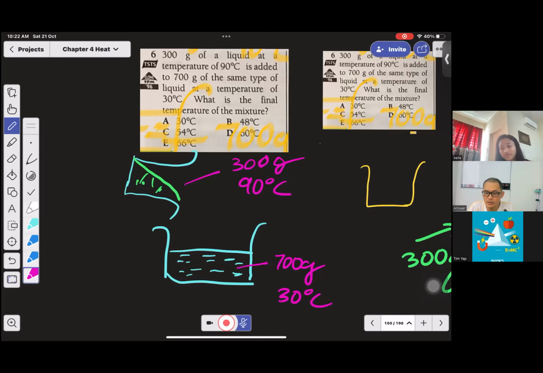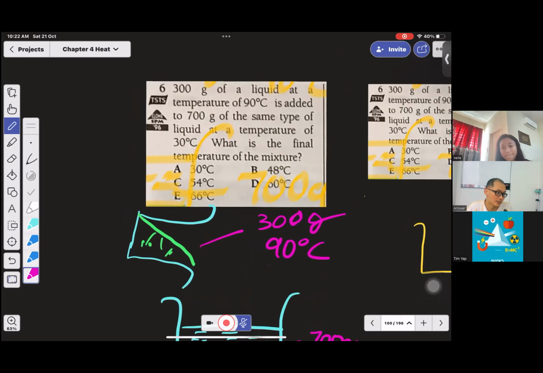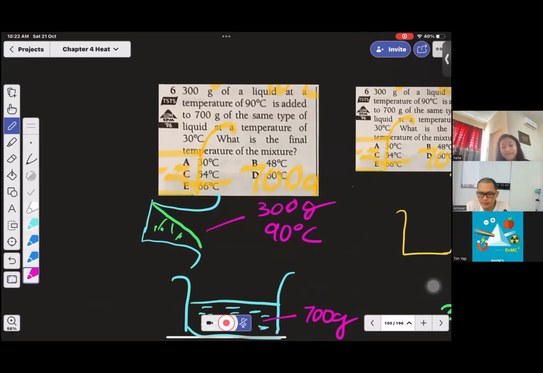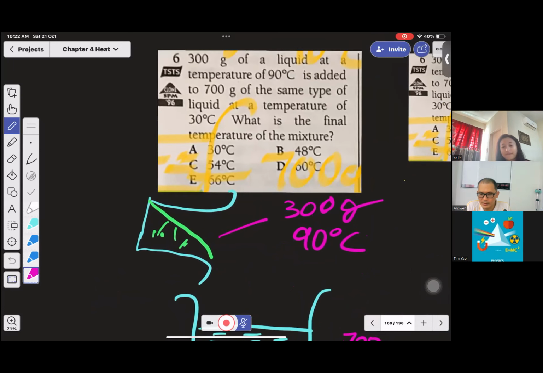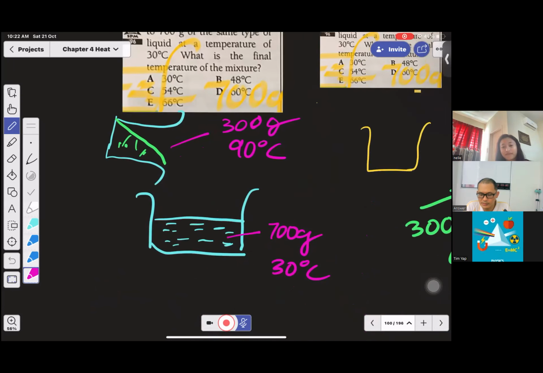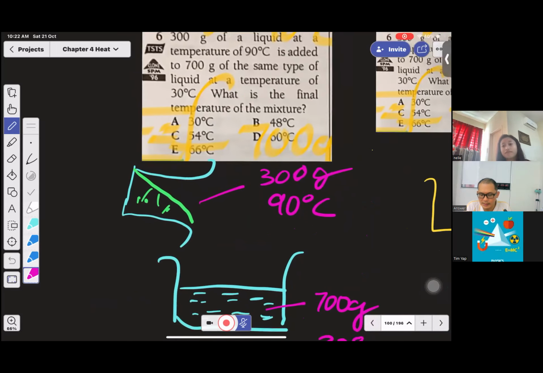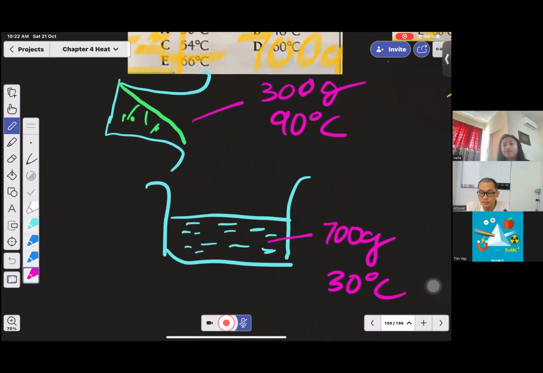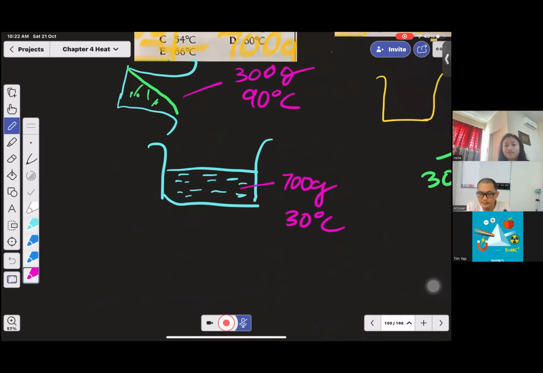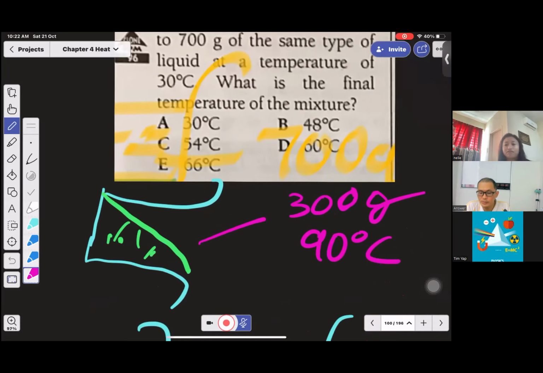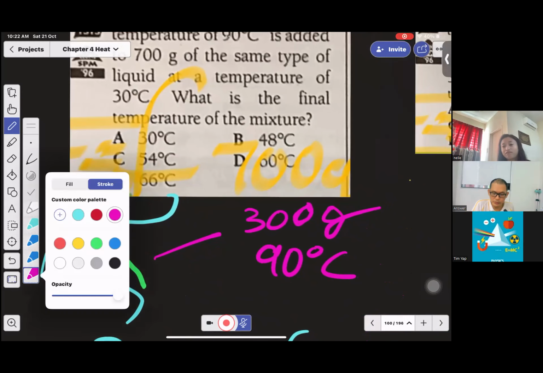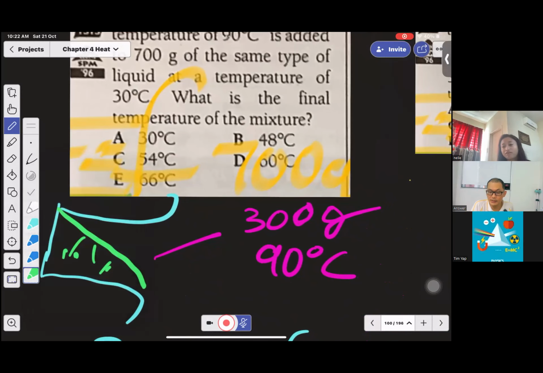Okay, look at this question. So 300 gram of liquid at temperature 90 degrees Celsius is added to a 700 gram of same type of liquid at a temperature 30. So first of all, you have to understand that when they mix together, they will reach the same final temperature.